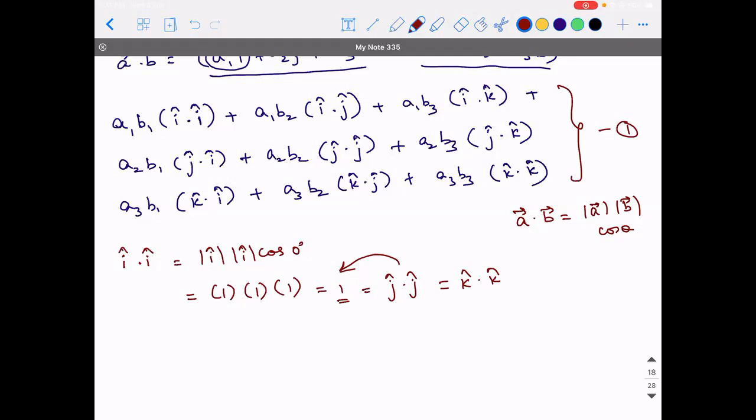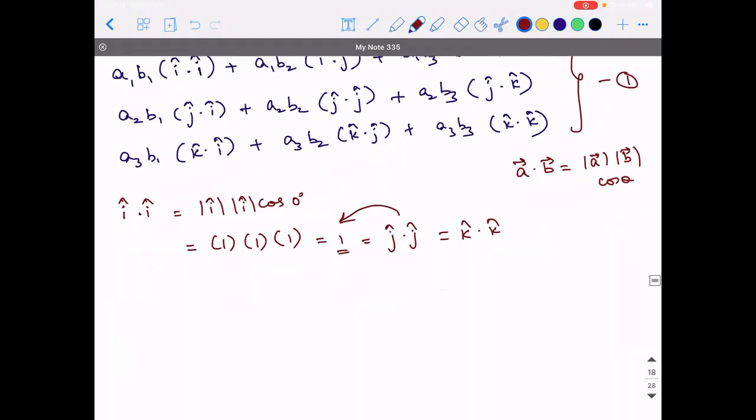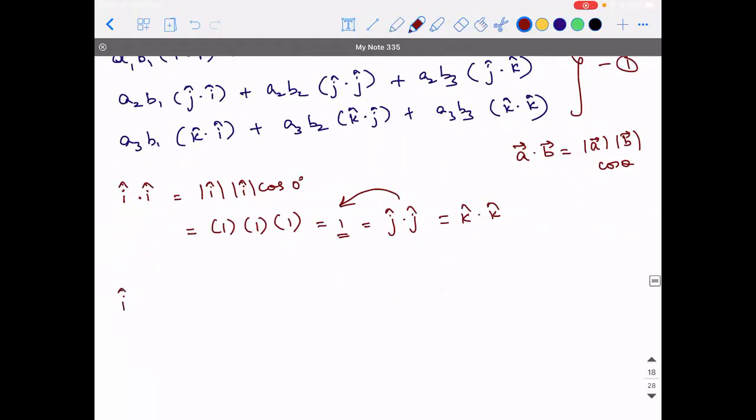Okay, now listen. Now comes the next question. I cap dot j cap is how much? Magnitude of I cap into magnitude of j cap into cos of the angle between them, which is 90 degrees. So magnitude of I cap is 1, magnitude of j cap is 1, and cos 90 is going to be 0.